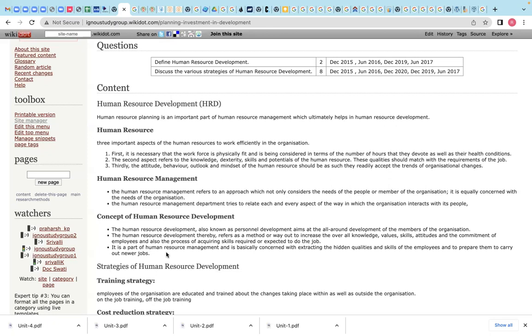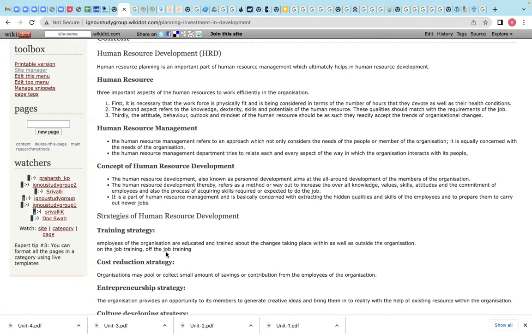What is the concept of human resource development? This is where the definition part comes in. Define HRD, right? Human resource development, also known as personnel development, aims at all-round development of members of the organization. So it is human resources which are being developed, and this development is done by human resource development.